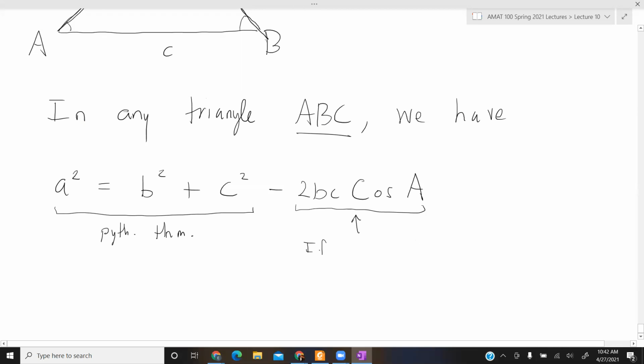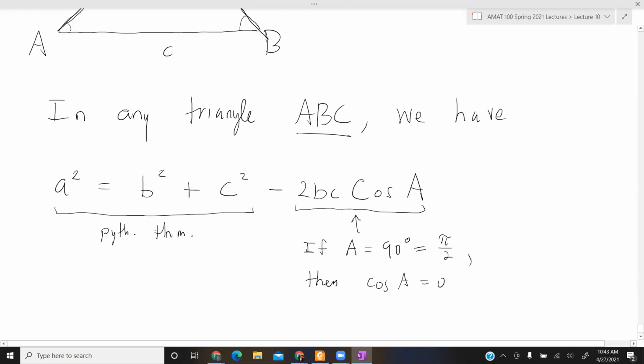So let me just write this again a little more neatly. If A is a 90-degree angle, or equivalently pi over 2 radians, then cosine of A is equal to 0. So this whole term goes to 0, and you just have a squared equals b squared plus c squared, which is the Pythagorean theorem.